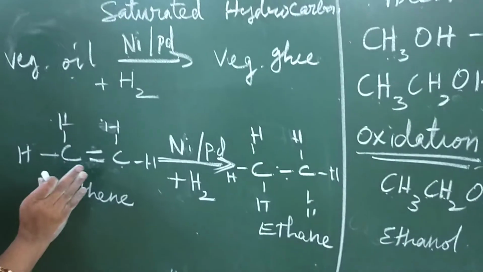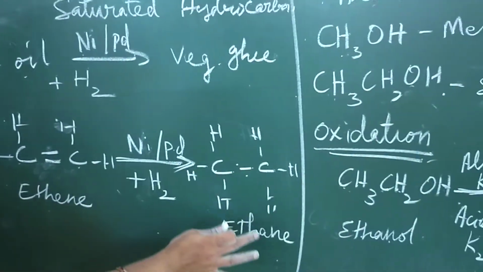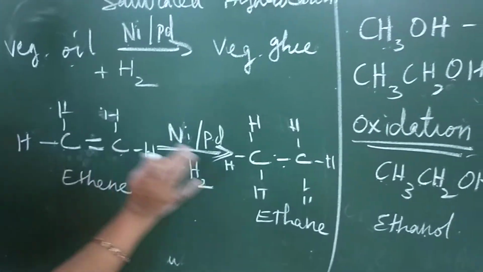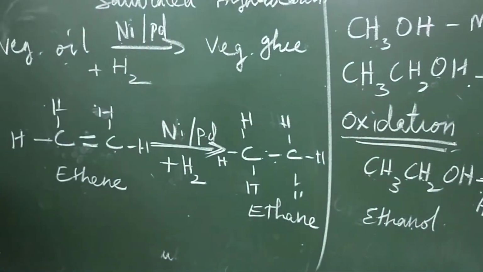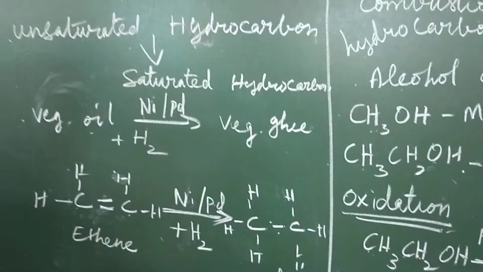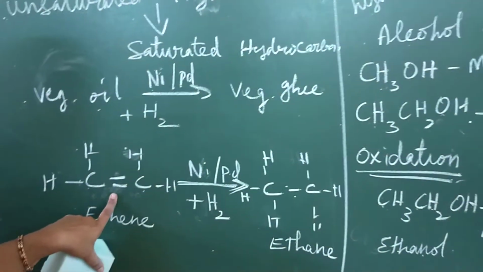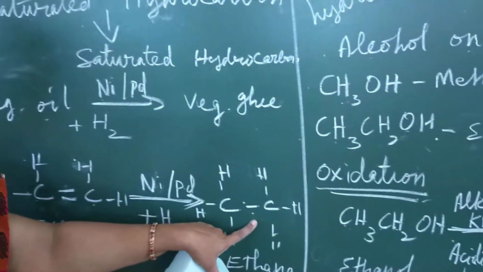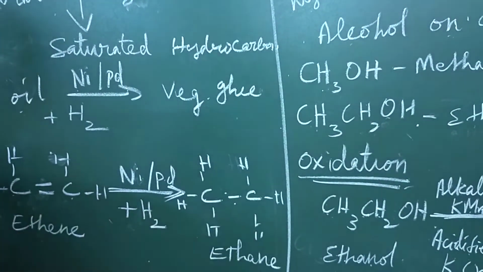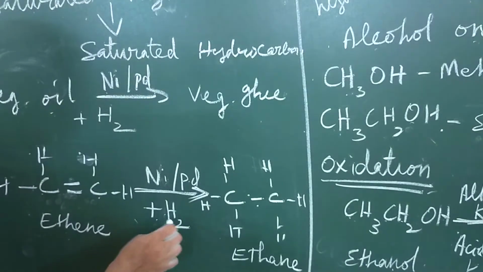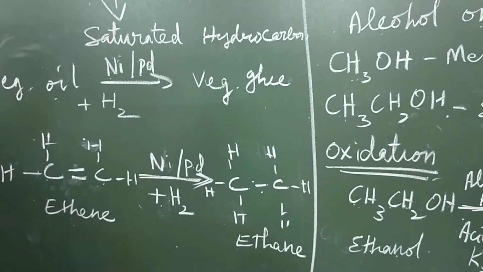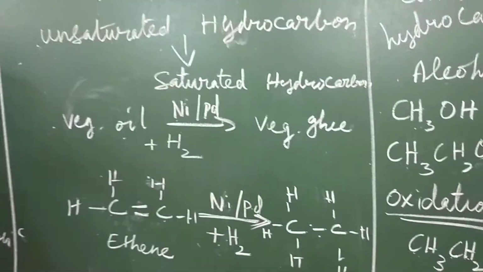In such a way, propene can be converted to propane and butene into butane. Any unsaturated hydrocarbon can be changed into a saturated hydrocarbon by adding hydrogen. That is known as an addition reaction.